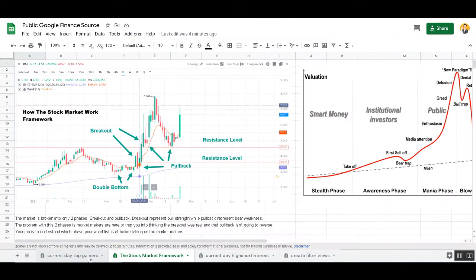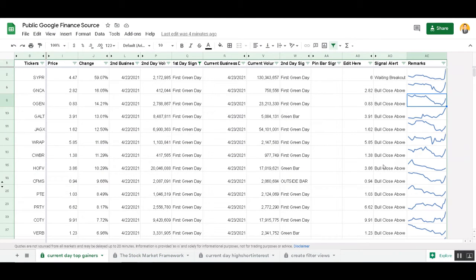Let's look for another example. Remember, we're looking at picking bottoms. Okay, this looks like a good opportunity. A spring happens and it breaks above the resistance. PRTY.